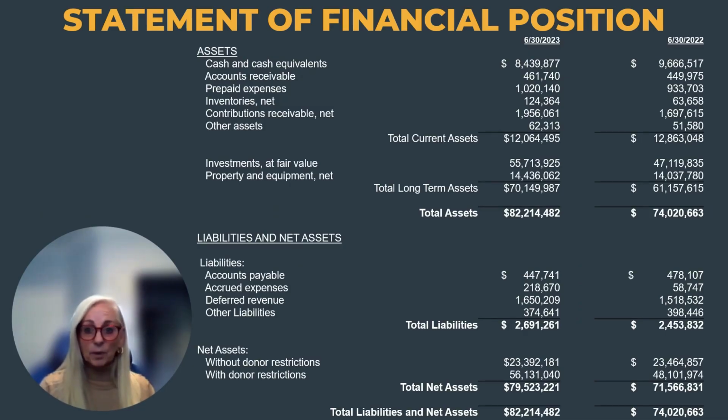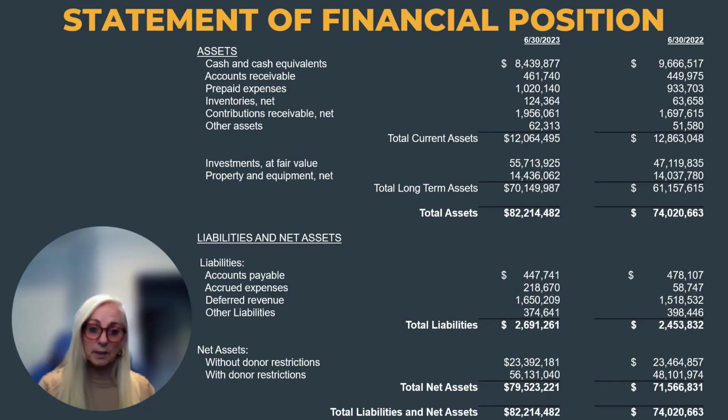Here's an example of a balance sheet. You can see you have total assets, again, liabilities, but I draw your eye to that bottom section, which is net assets. This is the section I was talking about in the previous slide, that if you're familiar with for-profit financial statements, you're used to seeing equity there.